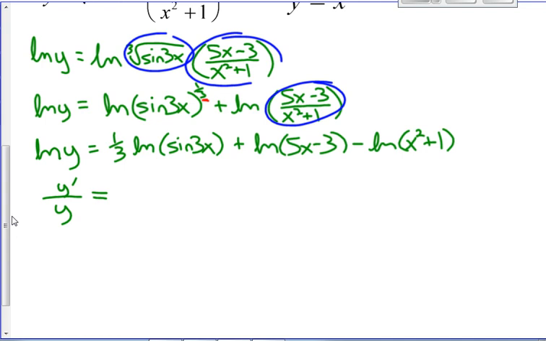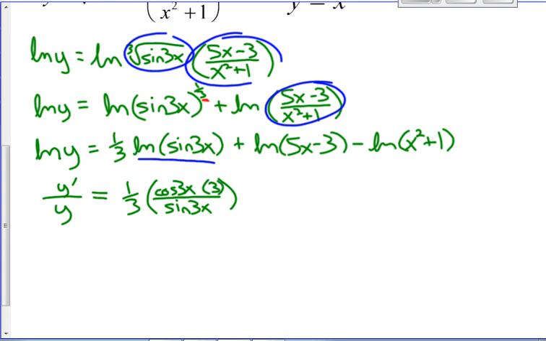Now, this expression here should be really easy for me to differentiate. I have the 1/3 out front, and then I'm going to multiply it by original on the bottom, derivative on the top. And the derivative of sine 3x is going to be cos 3x times 3.